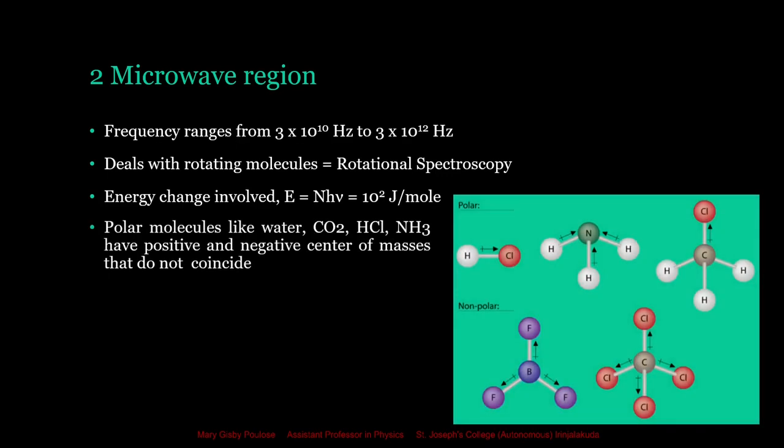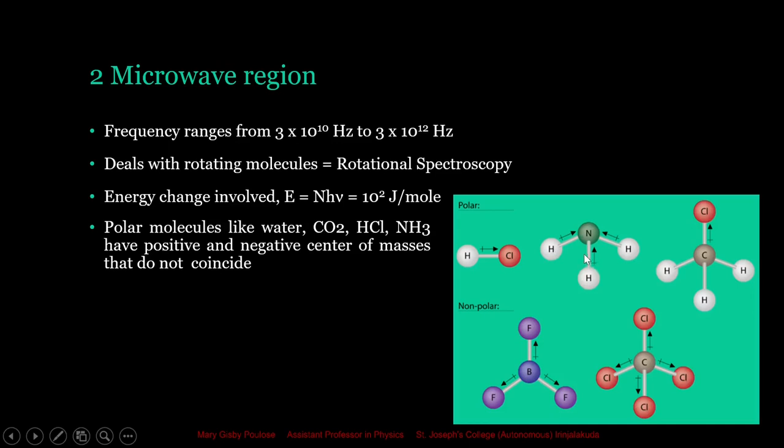Now, polar molecules like water, carbon dioxide, HCl and NH3 have positive and negative centers of mass that do not coincide. So in this picture, if you look at this HCl molecule, the positive center and the negative center do not coincide. Again here, the negative center is of nitrogen and the positive center of these hydrogens, they do not coincide.